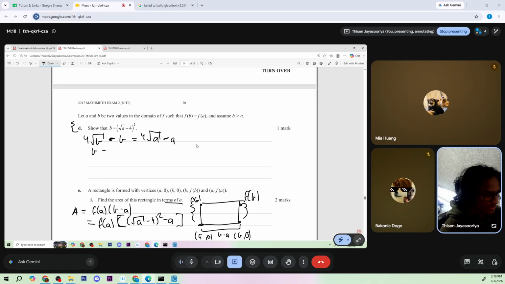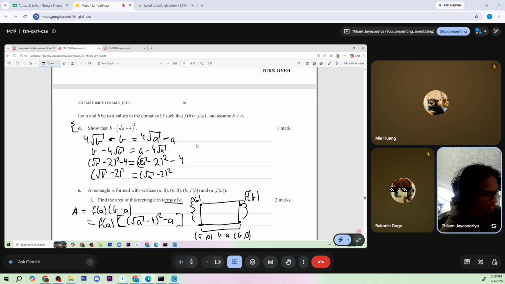So I'm going to make b take away 4 root b equals a take away 4 root a, which can become root b take away 2, all squared, take away 4, and the same for a.